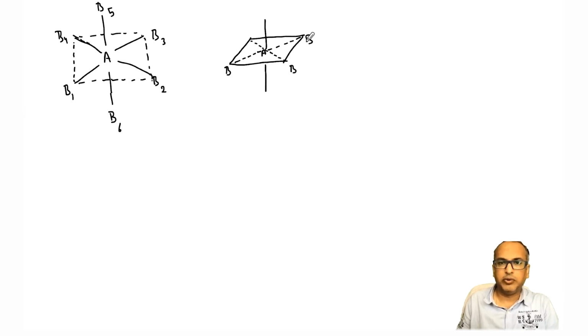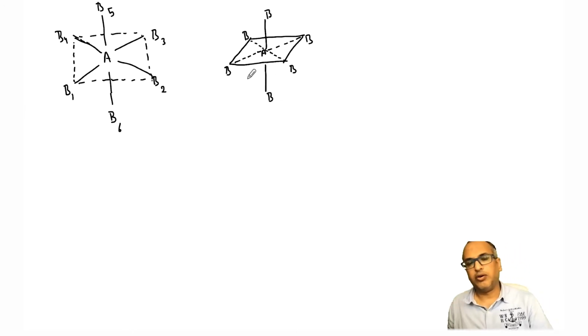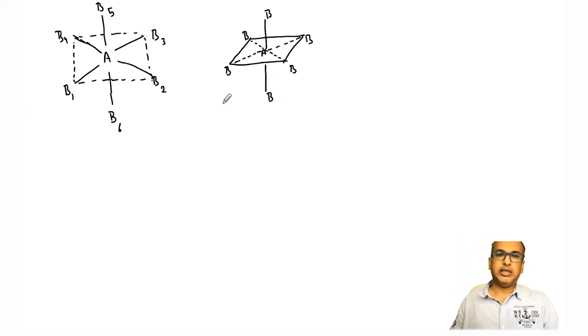This is another way to draw. Drawing is very, very important because you need to understand the 3D conformation of the molecule. Otherwise, you will not be able to write down the symmetry elements or symmetry operations present in this. So let me also list down.